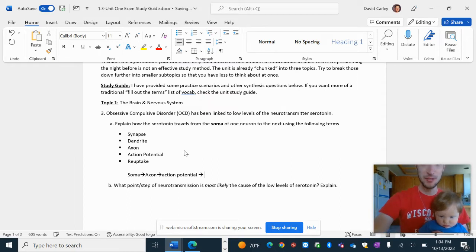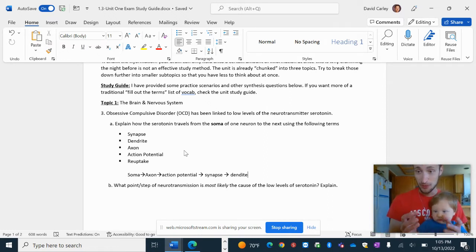And the serotonin is going to travel across the synapse. It's going to go through a synapse, which is a little opening between neurons. It's actually technically called the synaptic gap. And then that's going to go to the dendrite, or the receiver, of the next neuron. Some of it that's left over is not all going to bind.